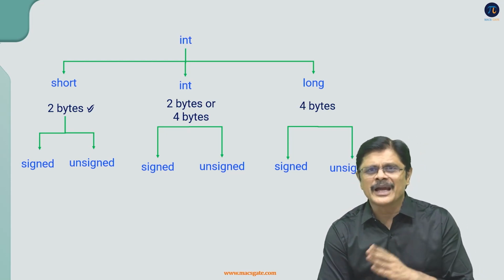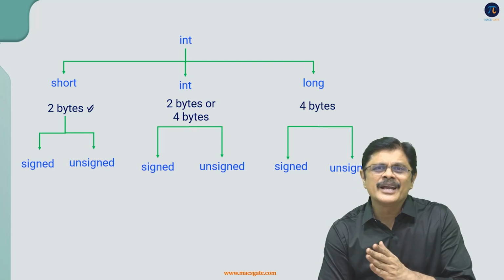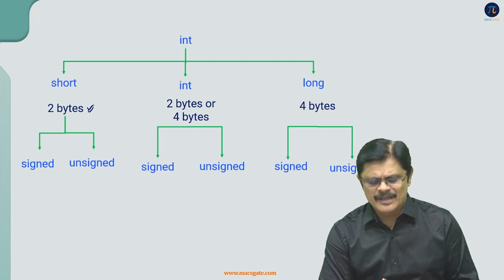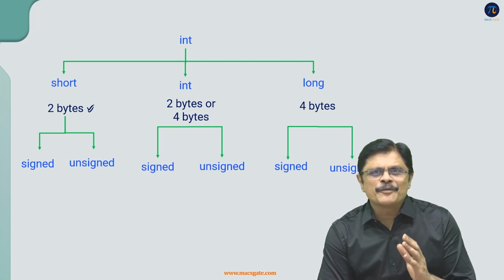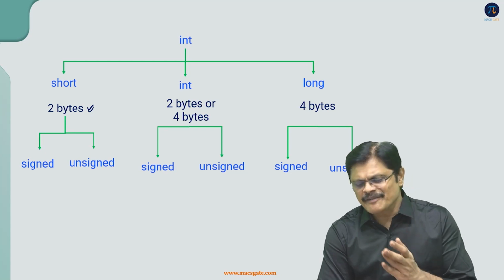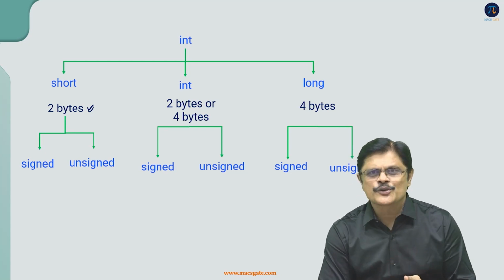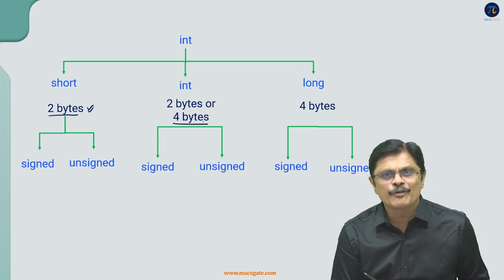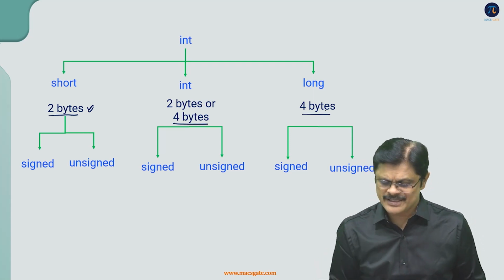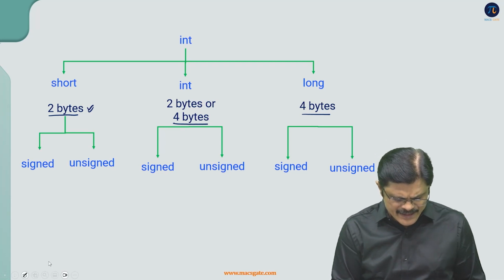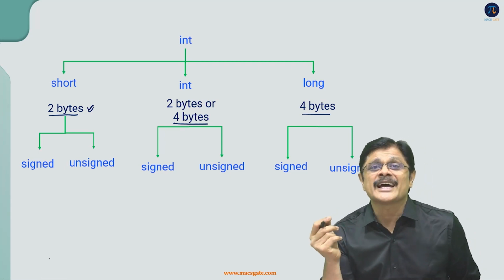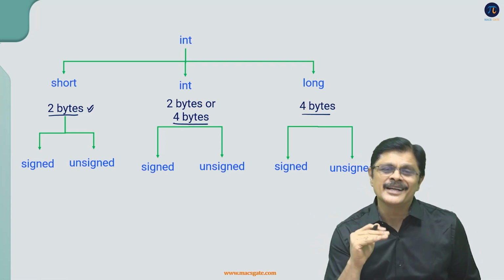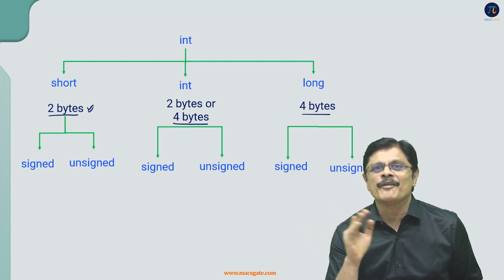That's why we have to discuss all three types of size modifiers here. But the discussion we do for integer is sufficient for long also, because it is also taking 4 bytes; we are considering short 2 bytes, integer 4 bytes, so long is also taking 4 bytes. Now again, for each of these types we can assign the sign modifier, so we can have signed as well as unsigned types of each.